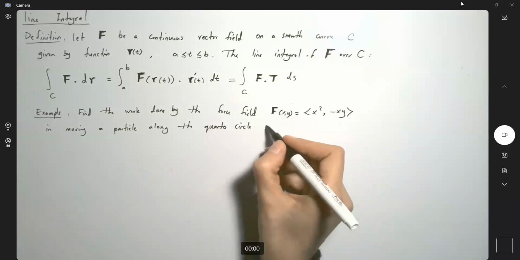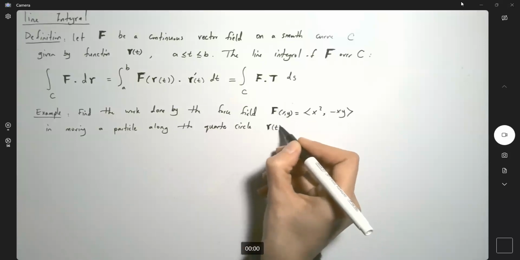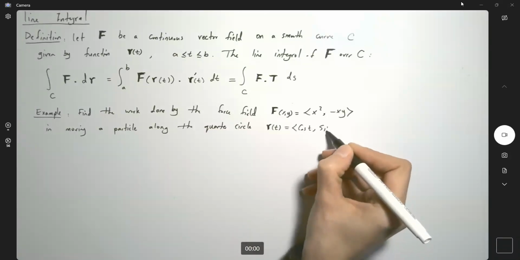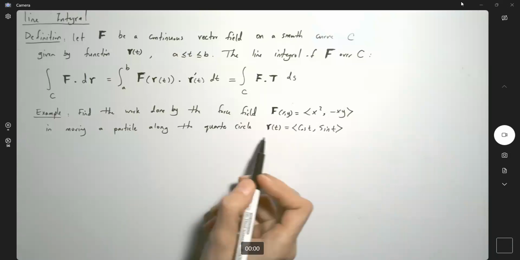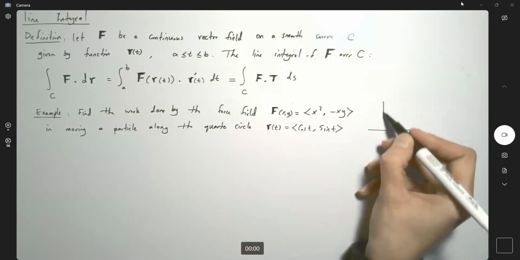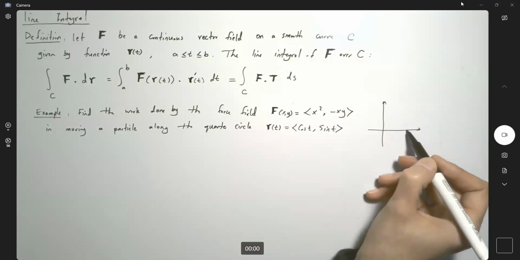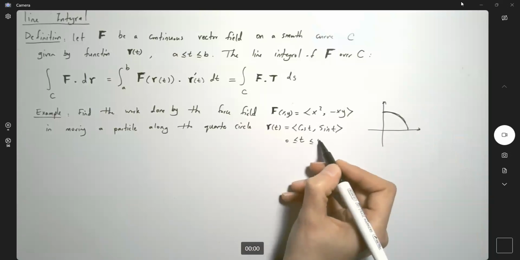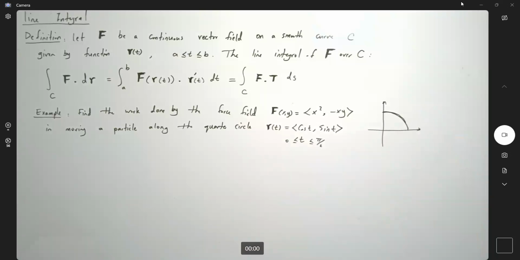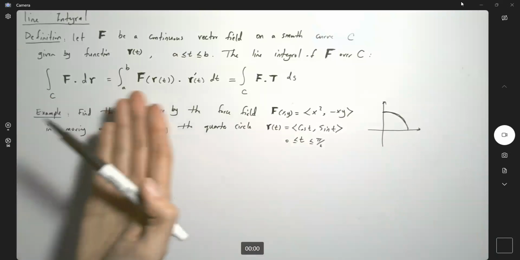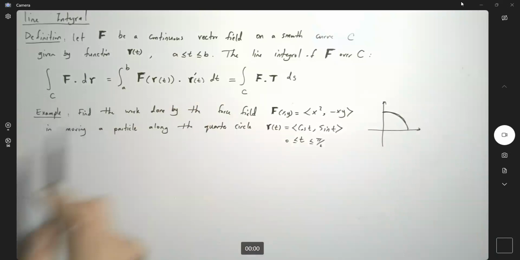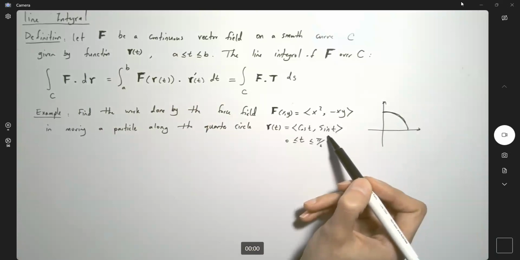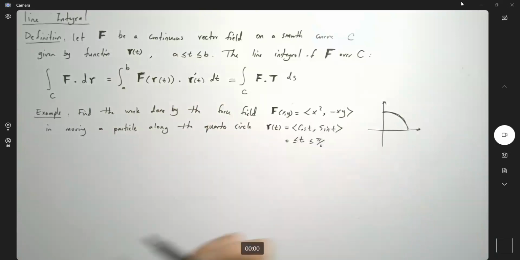Let me just use a bolded letter instead of putting a dash on top of it. r(t) is cosine t, sine t, and since it's a quarter circle, it means that you are in the first quadrant. So t is bounded between 0 and pi over 2. Perfect. We have a nice formula. Let us follow that formula. x is defined as cosine and y is defined as sine. We just need to plug those into the function.